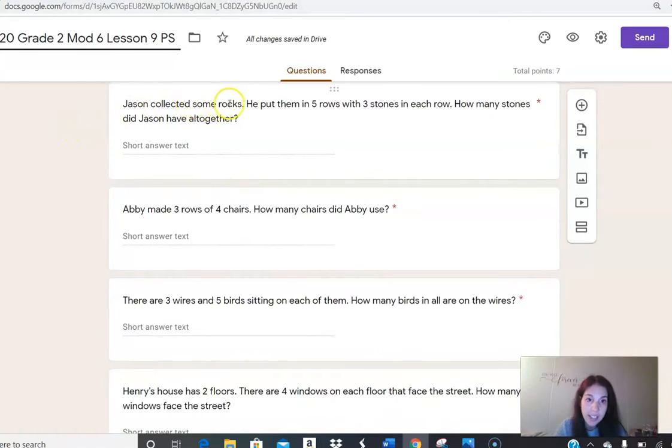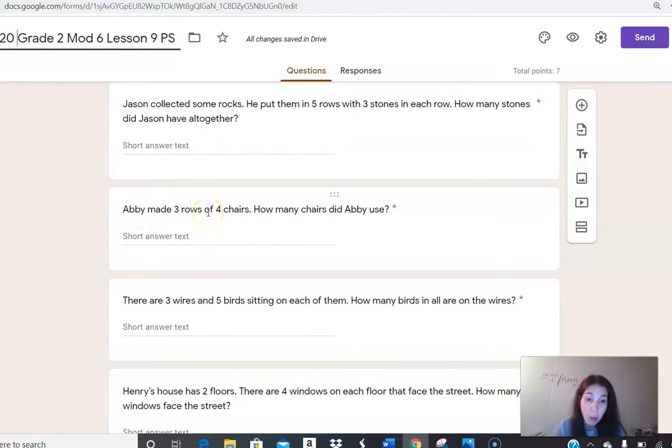Jason collected some rocks. He put them in 5 rows with 3 stones, another word for rock, in each row. So 5 rows with 3 stones in each row. How many stones did Jason have all together? Okay, you're going to want to draw that out.